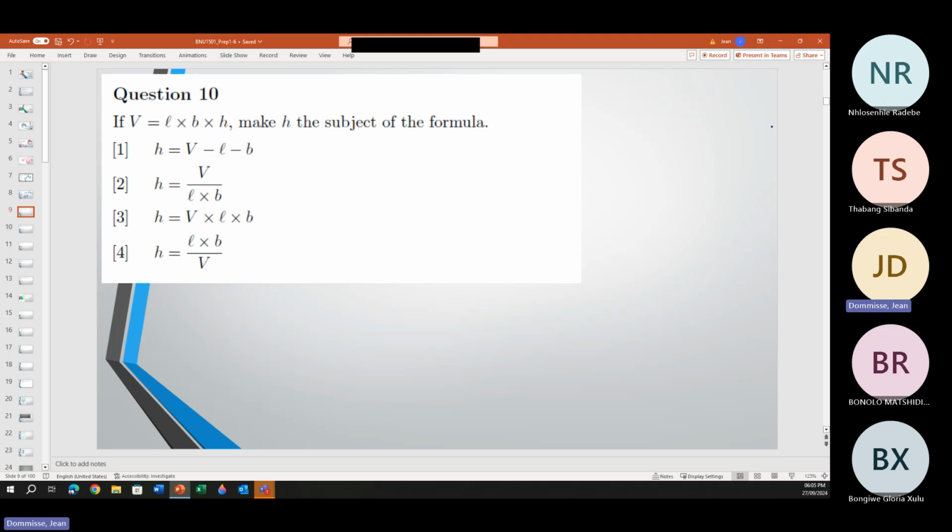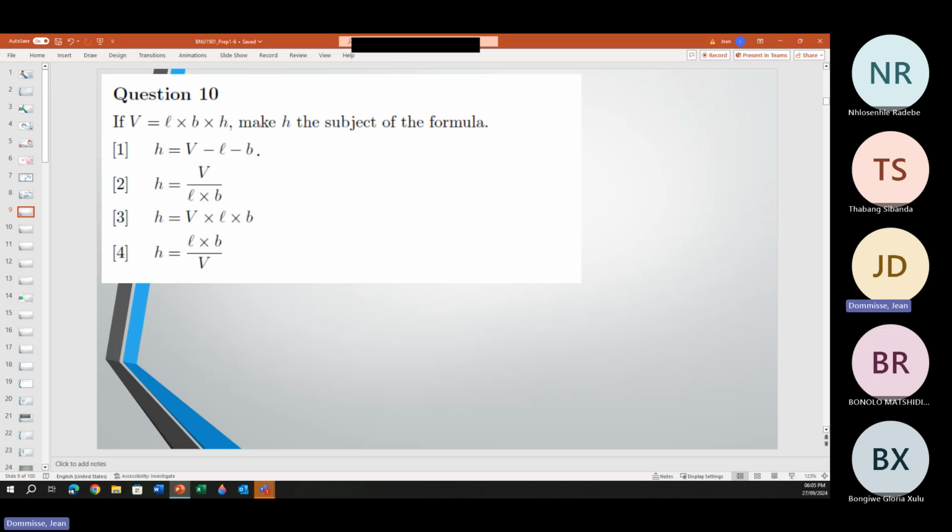So also when you get to change the subject, most of the time it will be around formulas that you actually know. What they love to do is ask about the volume formulas, but the other ones that they also use a lot is your financial maths formulas. So that one is also one that they use frequently.